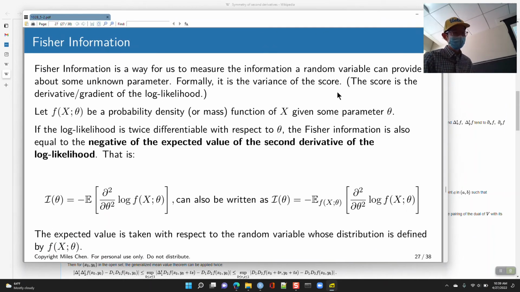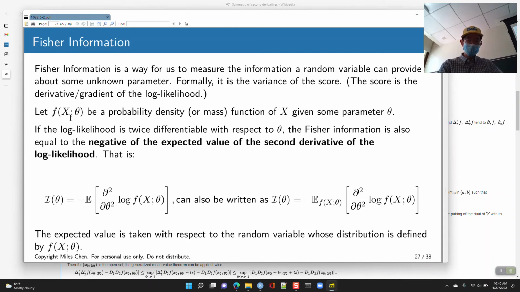It's a way for us to measure the information a random variable can provide about some unknown parameter. Formally, it's the variance of the score, and the score is the derivative or the gradient of the log likelihood function. What's the variance of that function?